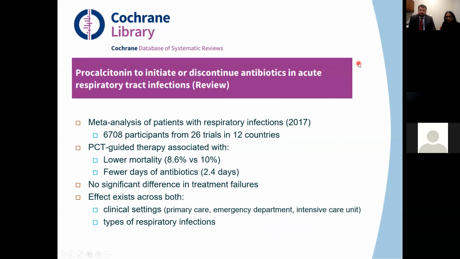And this was a really big study that just came out in 2017. They looked at large trials, about 26 trials over 12 different countries, more than 6,000 patients. And what they saw was if providers use procalcitonin guided therapy, there was actually significantly lower mortality.